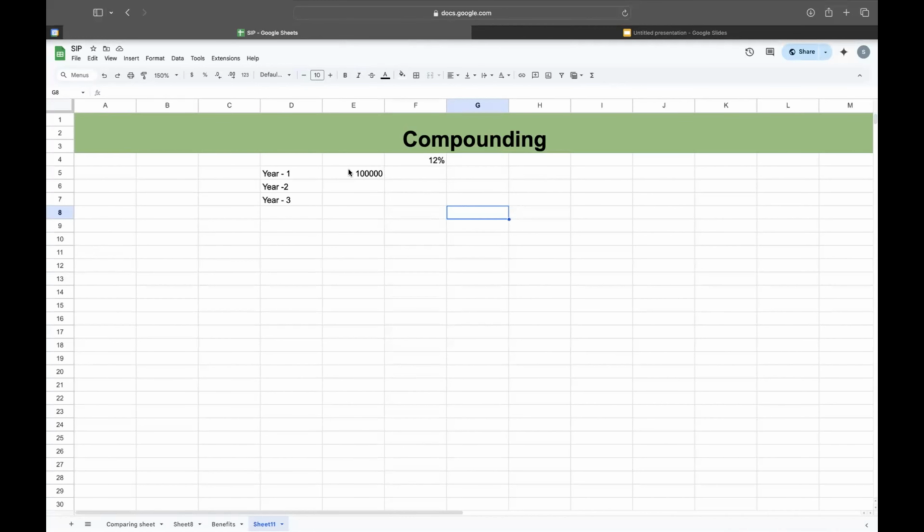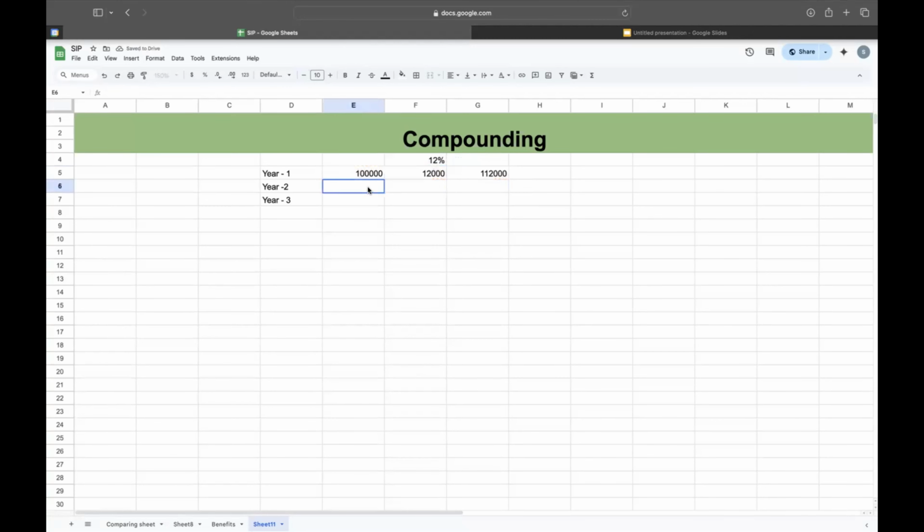Let's say in year one, I have invested 1 lakh rupees into an SIP. Assuming a 12% return, I'll be getting around 12,000 as a return. So by the end of the first year, I'll have 1 lakh 12,000.